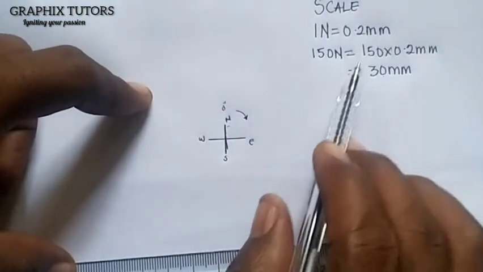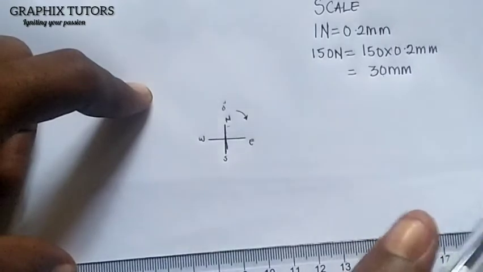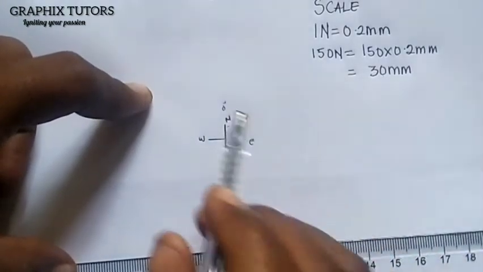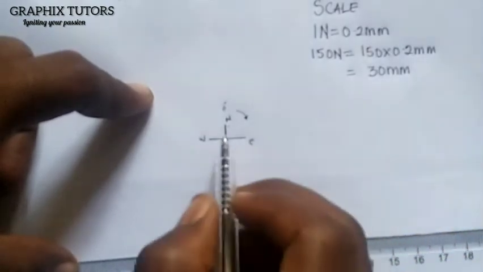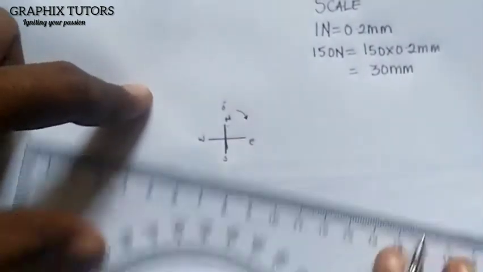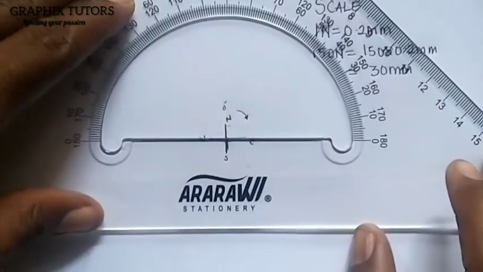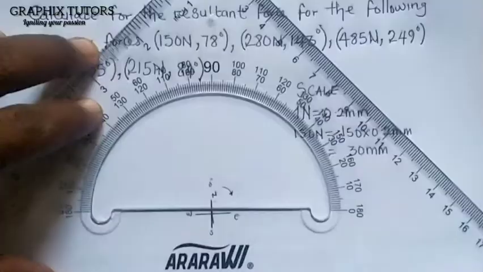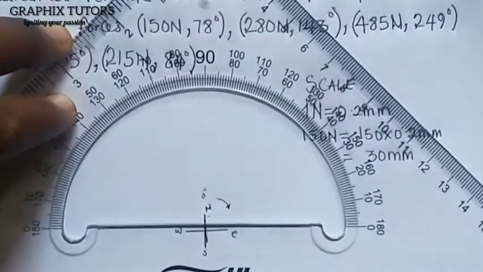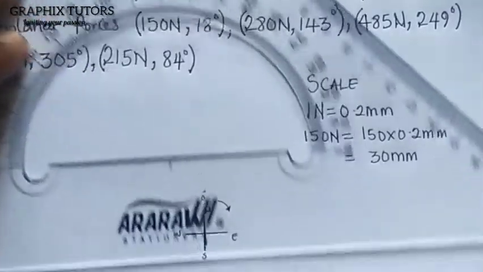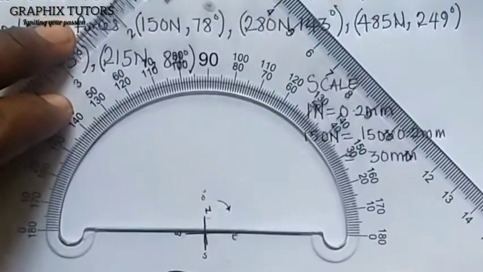So we know the force is 150 Newton and the angle is 78 degree, right? So that's for the first one, 150 at 78 degrees. I'll measure 78 degree here. I'll take my protractor and place it at this point. Let's see how it goes. I will ensure that this cross here is falling on the center here.